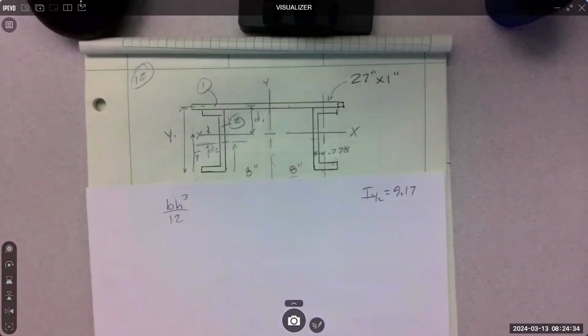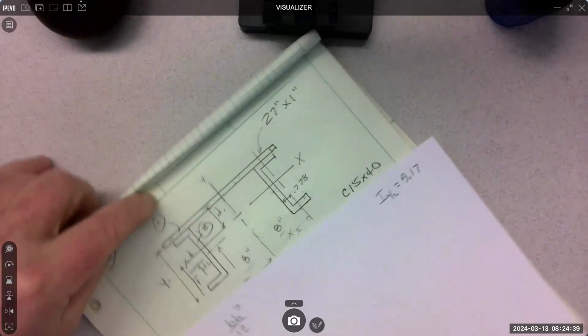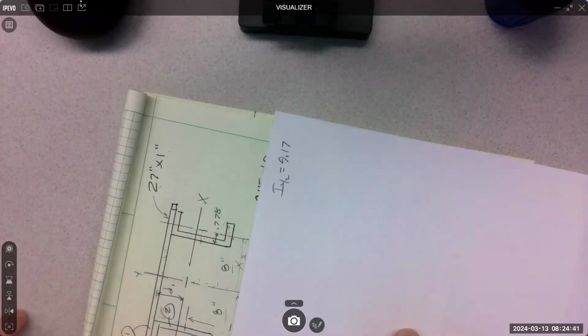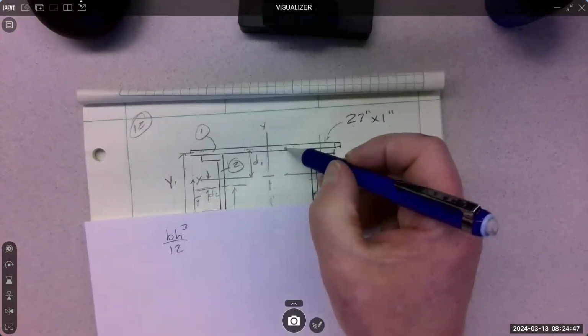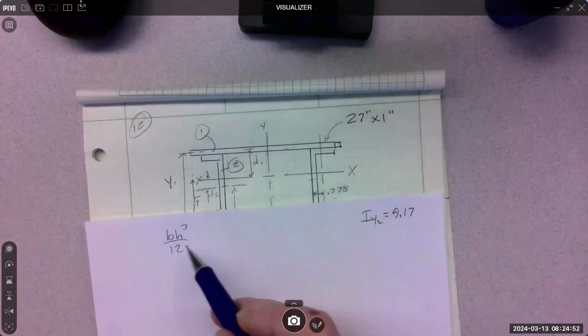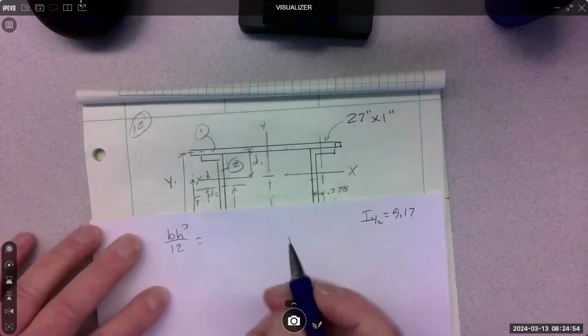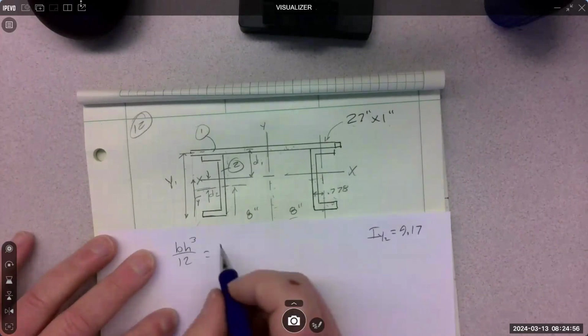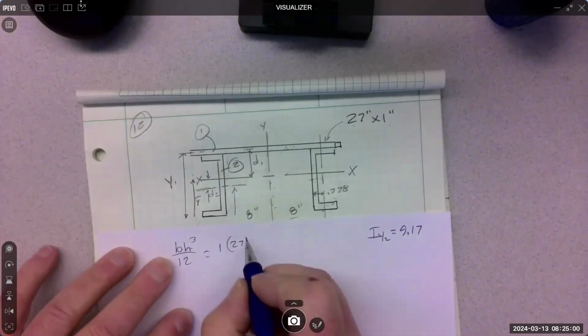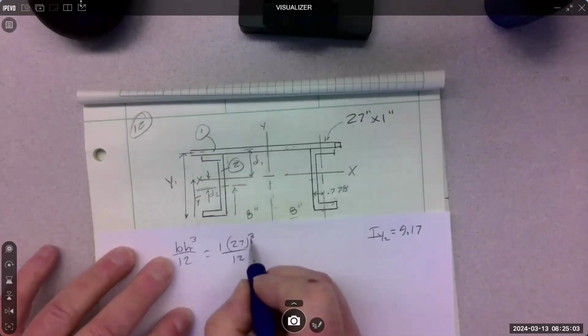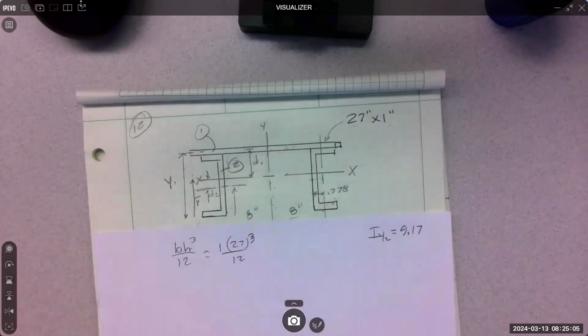They actually give you 2 formulas, but I just position myself like this. The base is going to be this, and the height is going to be this, because where it was in the weak position before, now it's in the strong position. So you just have to remember to cube the right dimension. This is going to be 1 and 27, because it's flipped.